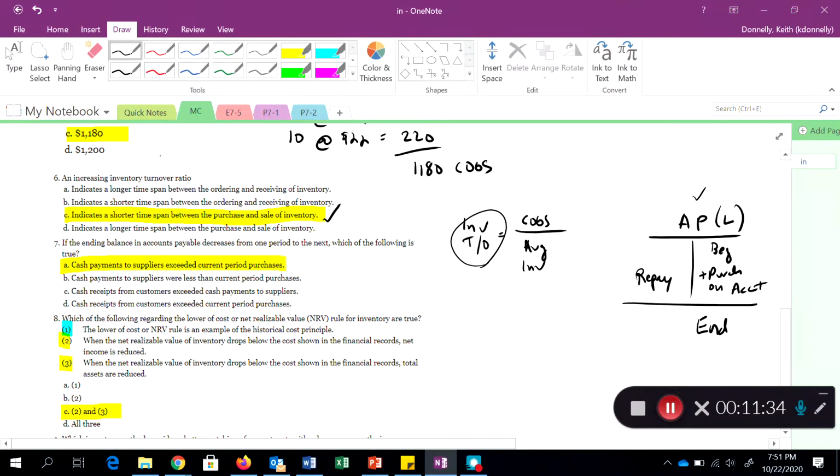What they're saying here is, hey, the ending balance down here decreased from one period to the next. So basically, it went from, let's just say, for example, 10 to 6. What this means here is our cash payments to suppliers, this right here, our repayments, exceeded our purchases on account. So in other words, for it to go down, we have to have more on this side than we do over here.